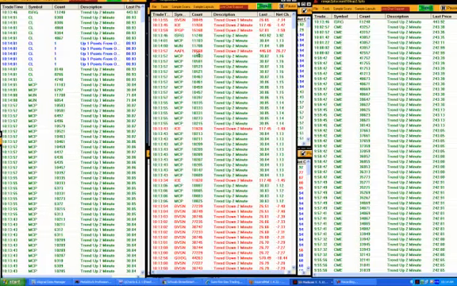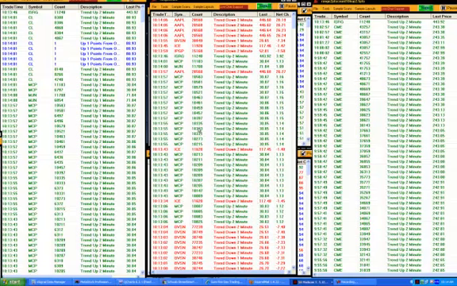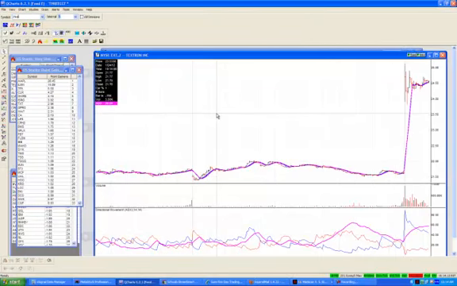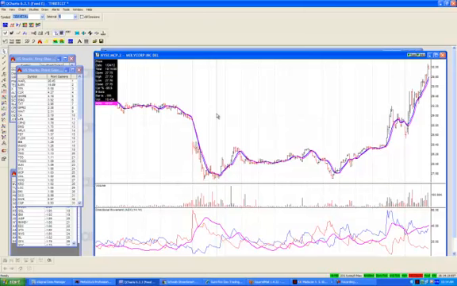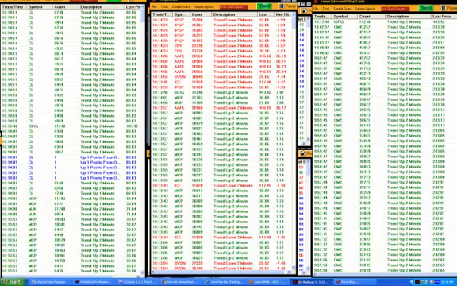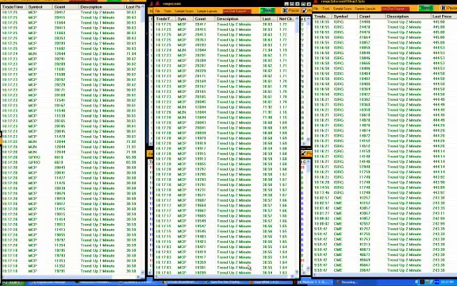Here we go on MCP, showing some type of movement on the upside, but let's take a look. That's where we are so far today. Okay, we're moving into 10:15.